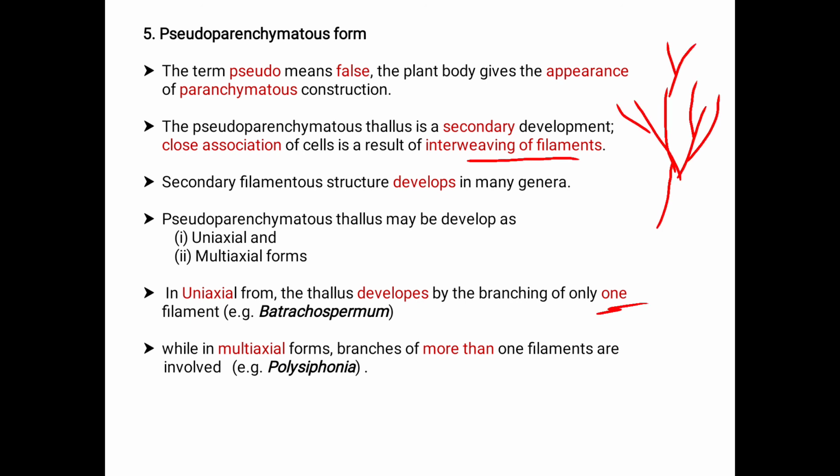The example is Batrachospermum. In multiaxial form, branches of more than one filament are involved in the formation of the thallus. The example is Polysiphonia.